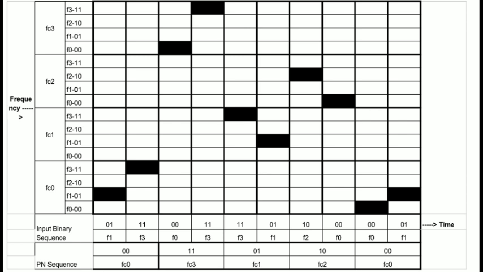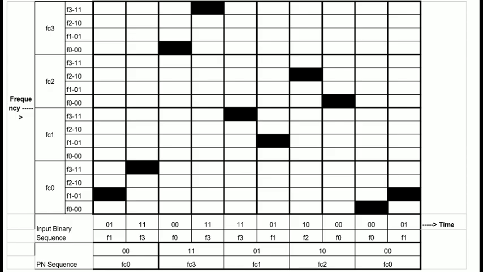In the seventh instant, we have 1 0 as input binary sequence and 1 0 as PN sequence. In FC2, mark the F2 frequency. In the eighth instant, we have 0 0 as input binary sequence and 1 0 as PN sequence. So in FC2, mark the F0 frequency.